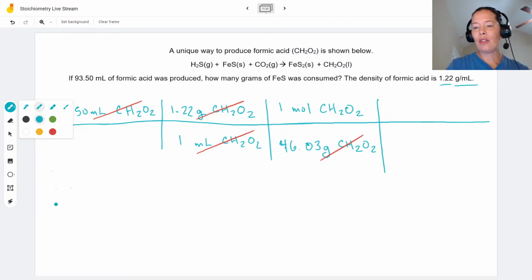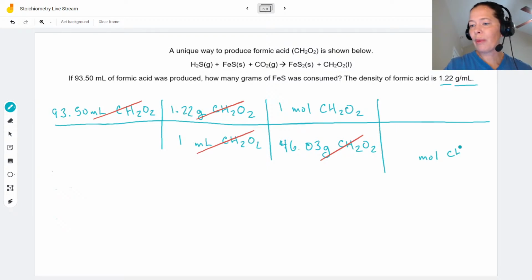Now I am ready to use my mole ratio. So I know that my moles of formic acid are going to be in the denominator. Let's see, let's double check. The problem is asking me for iron sulfide. So that is going in my numerator.